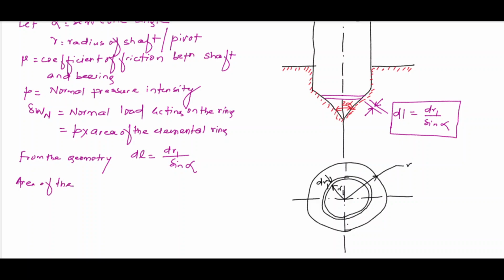Now area of the elemental ring is 2 pi r1 into del L, or you can say 2 pi r1 into del r1 by sin alpha.